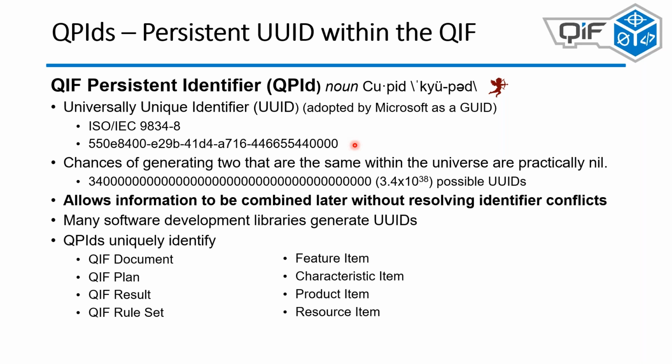The primary reason why people would use UUIDs or QPIDs is to allow for information to be combined later without resolving other identifier conflicts. So it's an easier way to combine information. Luckily, many software development libraries can automatically generate a random UUID for you.